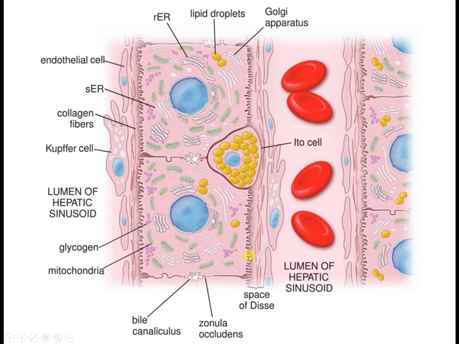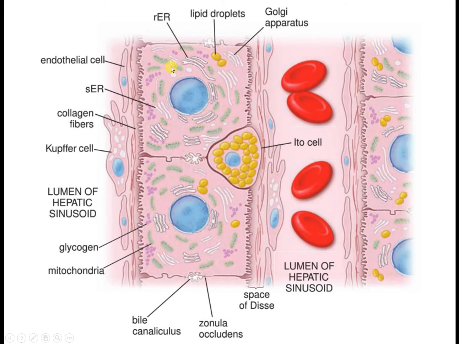It has very common features with lamina propria, and its function is absorption of plasma components. I remind you, from the portal vein, especially through the plasma, come in a lot of waste products, a lot of nutrients, a lot of proteins, and all of them pass here and can penetrate the space of Disse.